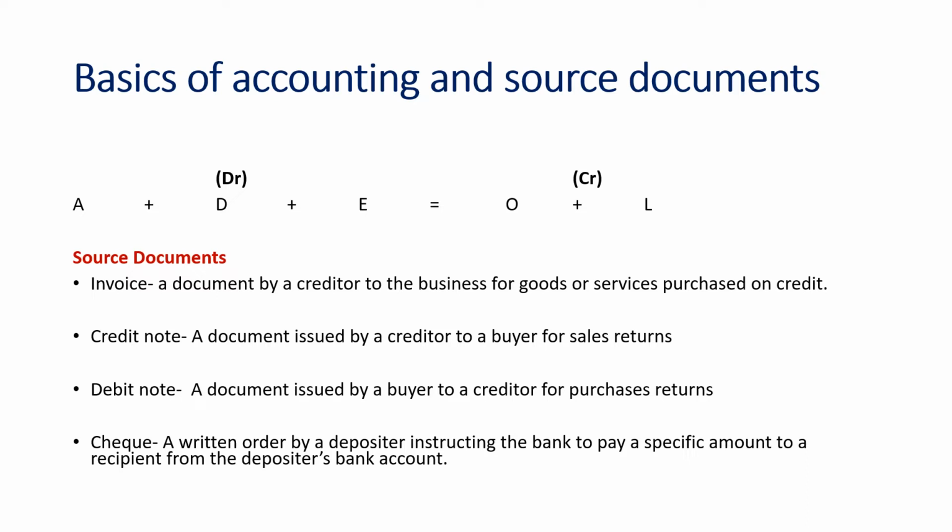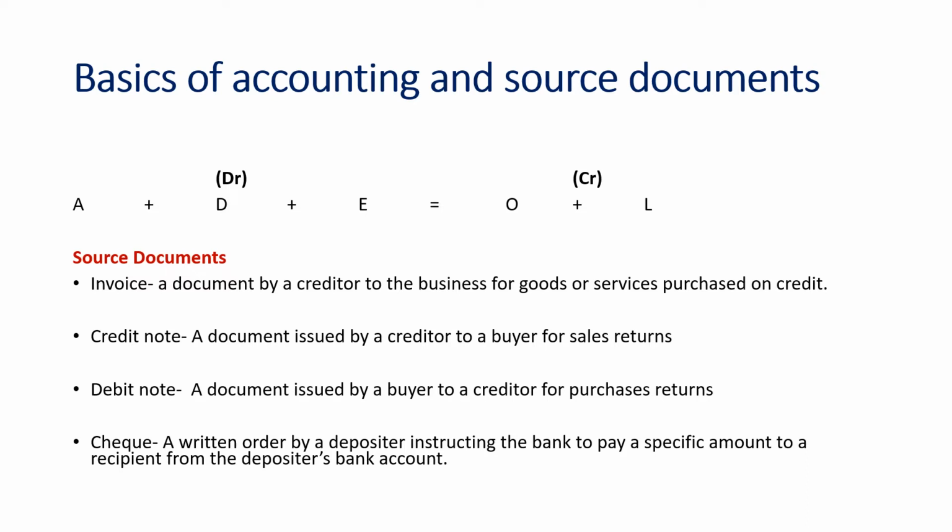If you check here, it is assets plus drawings plus expenses equal to owner's equity plus liability. What does this mean, guys?